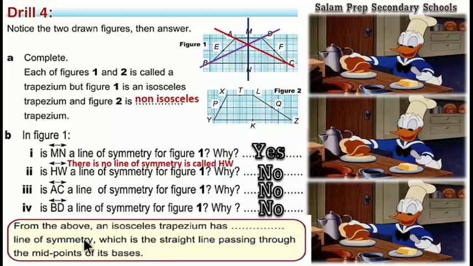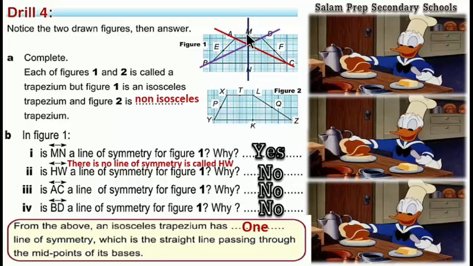From above, an isosceles trapezium has exactly one line of symmetry, which is the straight line passing through the midpoints of its parallel sides. Please look with me.